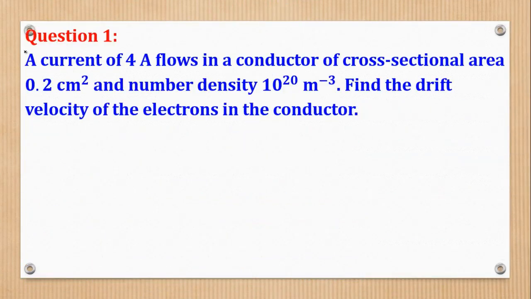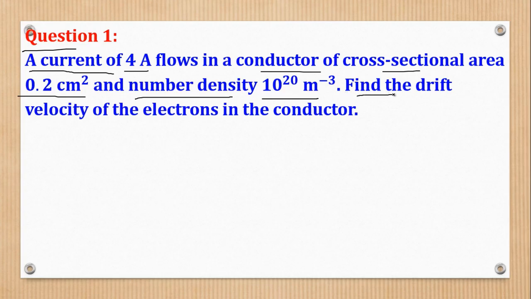So with that, we shall go through this question. Question 1 says, a current of 4 ampere flowing in a conductor of cross-section area 0.2 centimeters squared, and number density this per meter cubed. Find the drift velocity of the electrons in the conductor.